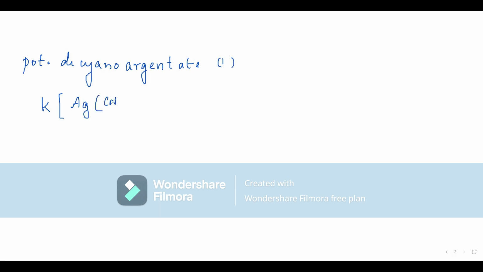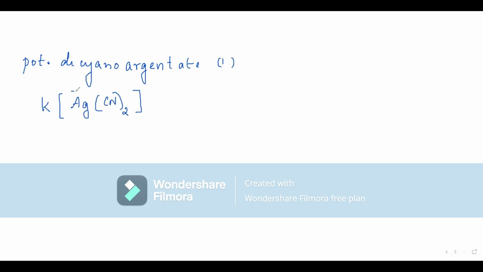Moving on, next example, potassium dicyanoargentate(I), or dicyano or cyanido. Potassium, I'm just writing K. Argentate, so silver, Ag. Dicyano, CN twice.